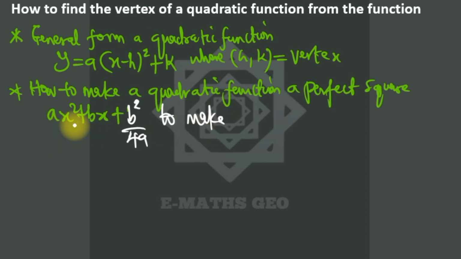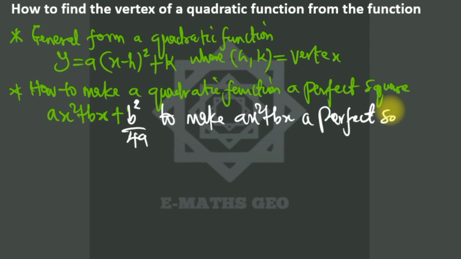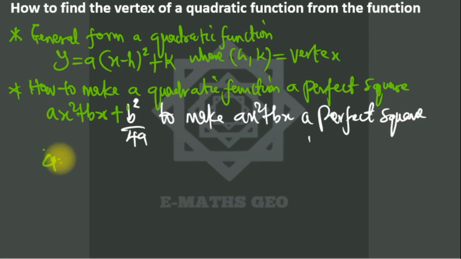To make ax squared plus bx a perfect square, we add b squared over 4a to ax squared plus or minus bx.